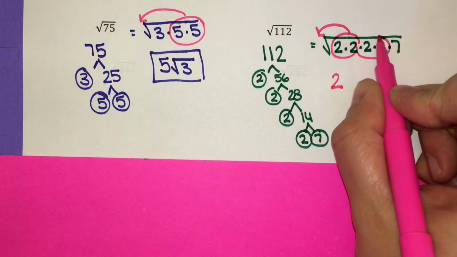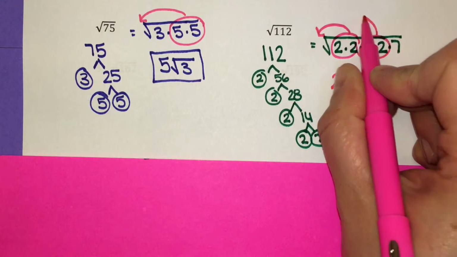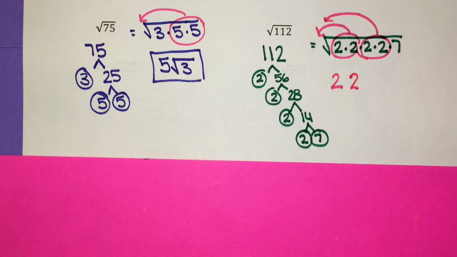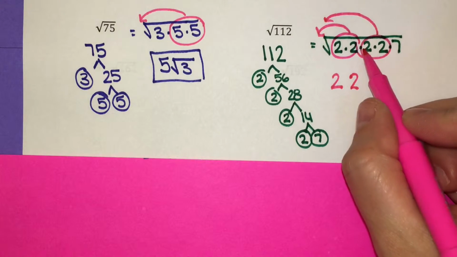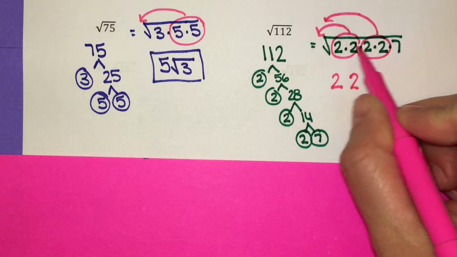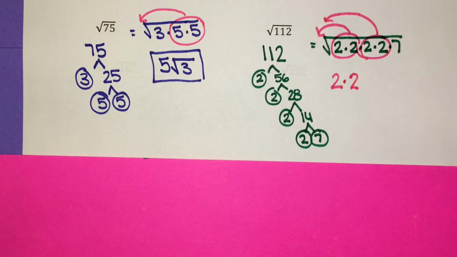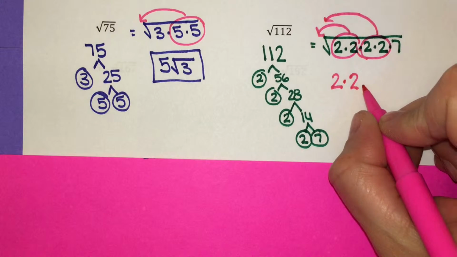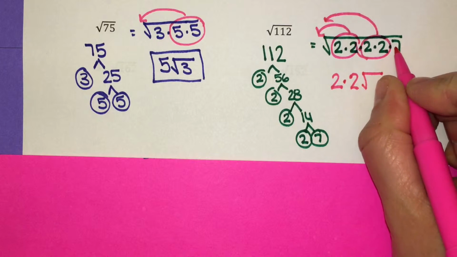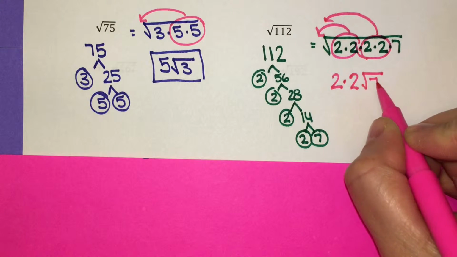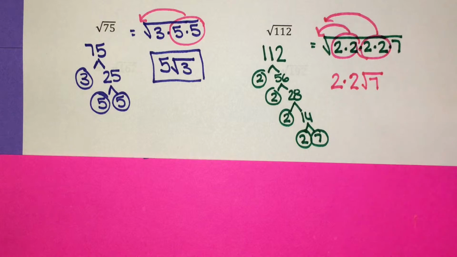But we have another pair of 2's multiplied by itself, so another 2 can come out. You might be asking, what operation do I put in between them? Well, underneath, the 2 groups of 2's are multiplied together, so you do put multiplication in between them. And we're left with the square root of 7. Remember, this is 2 times 2 times the square root of 7. So everything truly is multiplied together.